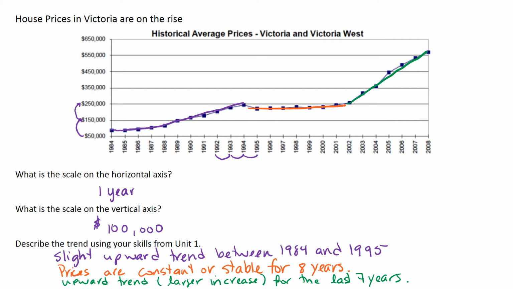You could also say that there is a small peak in the year 1994, and in 2008 it is the maximum. Now we know the prices have gone up since then too, but for this graph at 2018 it's the maximum house price. So we've used some of our skills from Unit 1 to describe the graph.